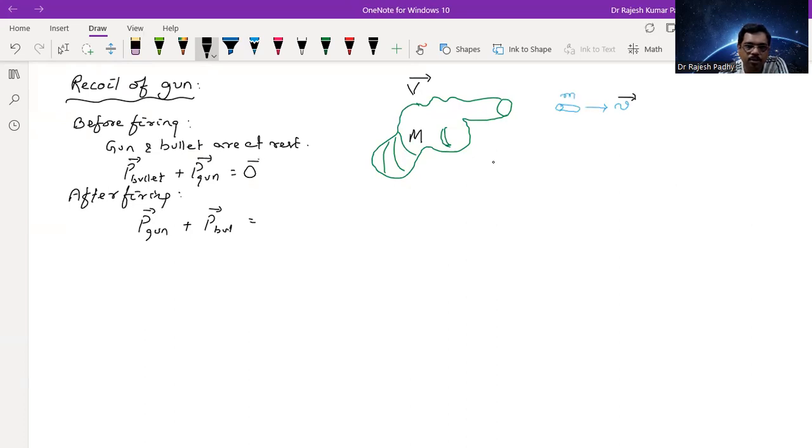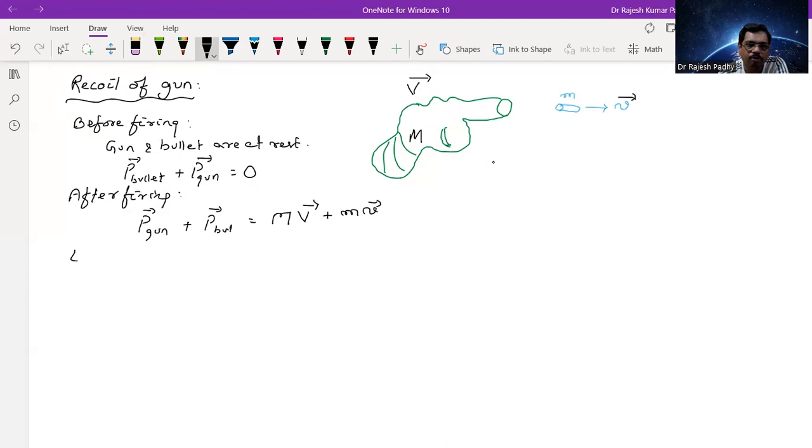Or let it be like this, 0 only. Hence, momentum of gun is capital M, capital V, plus momentum of bullet is small m, small v.